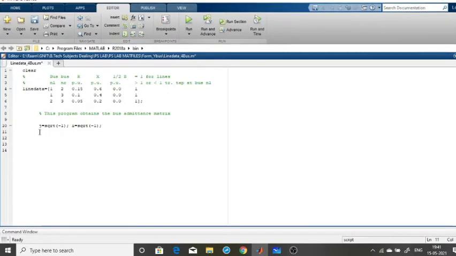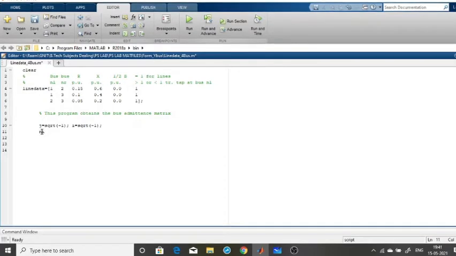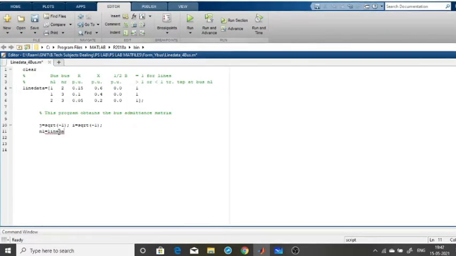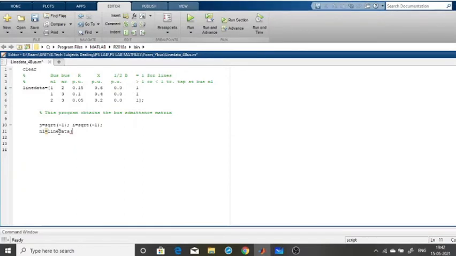So what actually do we need to write down, what do NL and NR represent? So NL is equal to, NL is the first column of the line data. In order to write that, you need to write linedata in the brackets and colon, comma, 1.